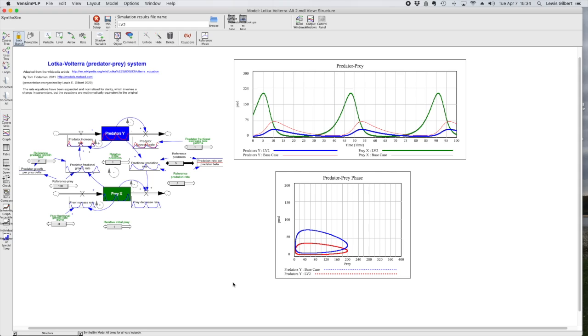The attractor becomes very different. Similarly, if a storm or some event caused us to lose half of our starting rabbits, the attractor is again very different.